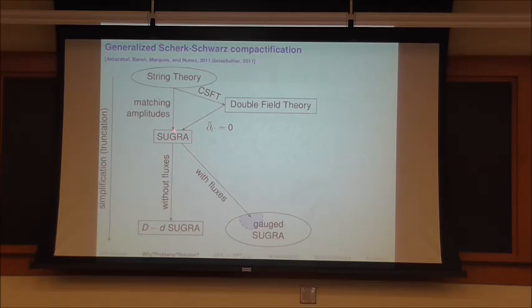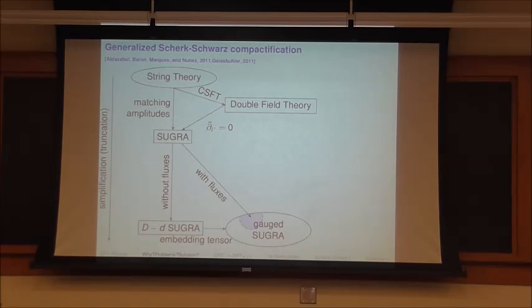So then we take the supergravity and we can compactify it without fluxes on a torus. Then we get a lower dimensional supergravity with much more supersymmetry. However, we could also switch on fluxes in the supergravity here without breaking supersymmetry, or only in a very controlled way. And then we get gauged supergravities, maximal or half-maximal gauged supergravities.